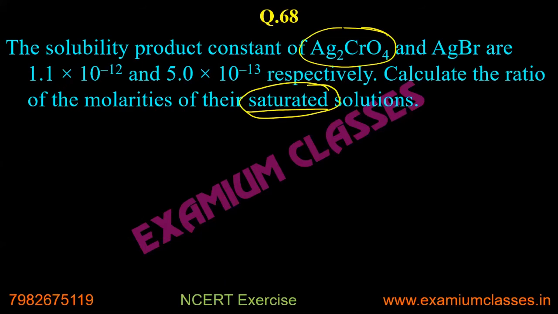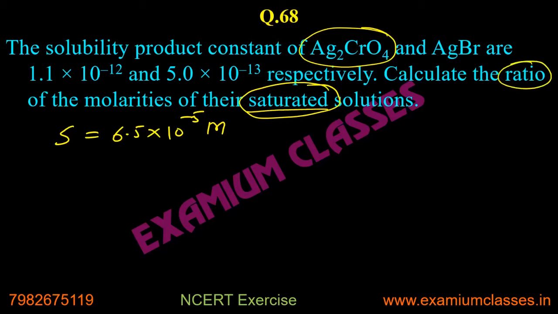Just let me see. S was 6.5 into 10 to the power minus 5. This was the value we had already calculated in the previous one. Now for AgBr, we need to calculate, and then we need to calculate just the ratio.